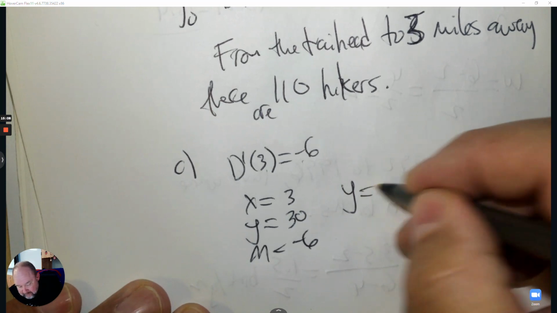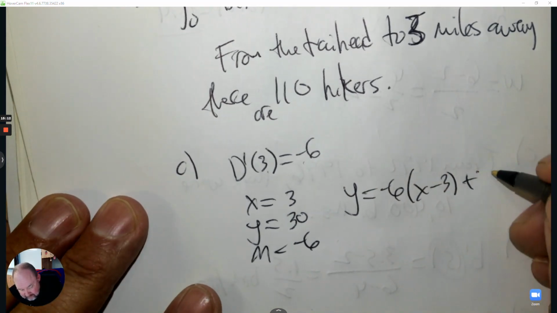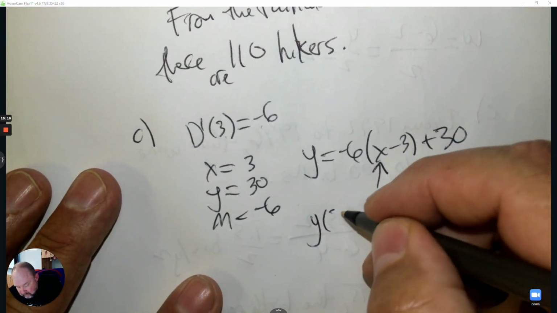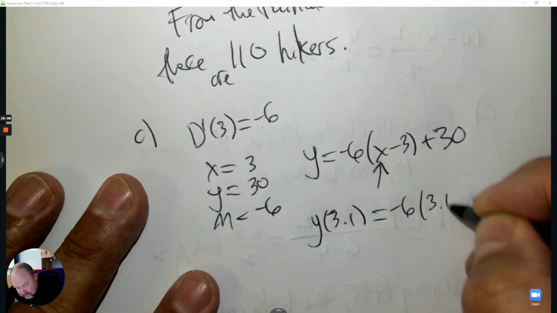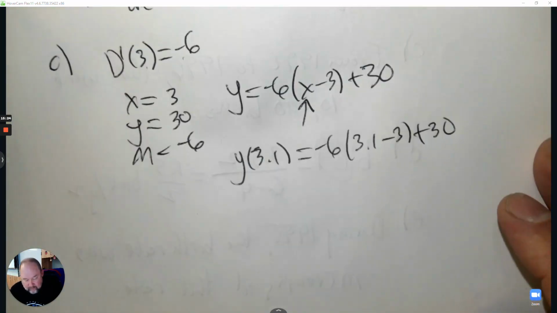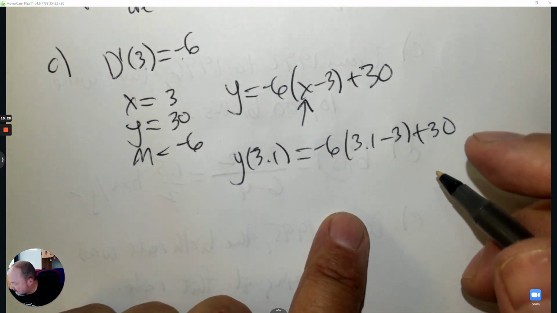So it would be negative 6, x minus 3 plus 30. And then to approximate at 3.1, we would just plug that in.